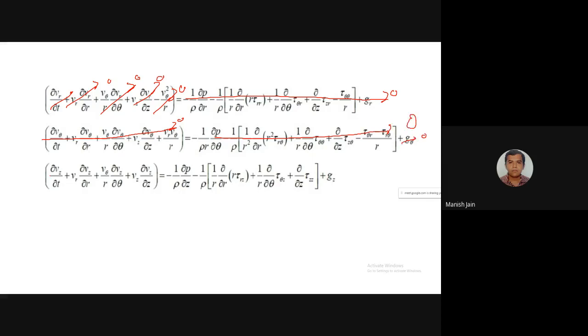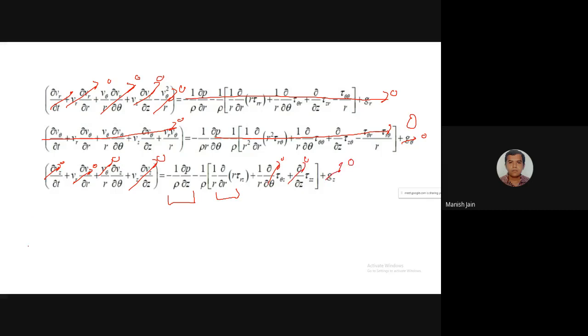Now in this equation, right hand side is 0. Vz is not dependent upon t. Vr is 0. V theta is 0. Vz not dependent upon z. This is 0. dp by dz will be there. Tau rz will be there. These two values are 0. gz is 0 because there is no gravity.